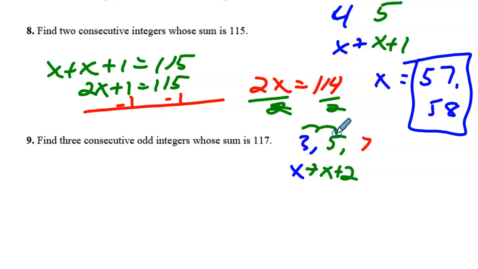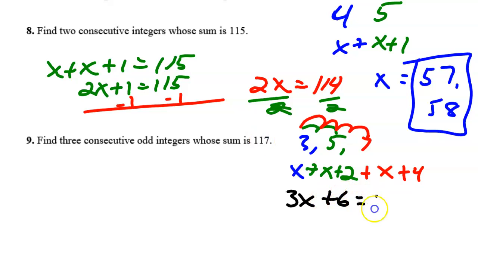Then that last one would be x plus 4. So now if we put that all together, our equation would be 3 x's plus 2 plus 4, which is 6, is equal to 117.